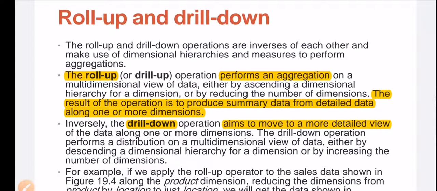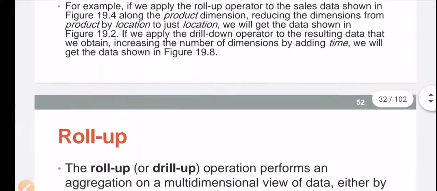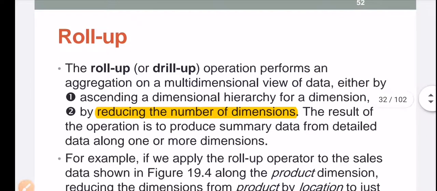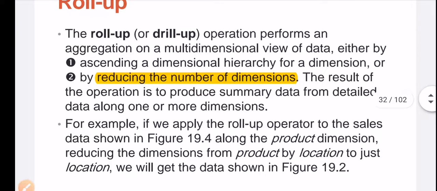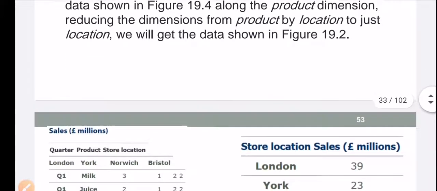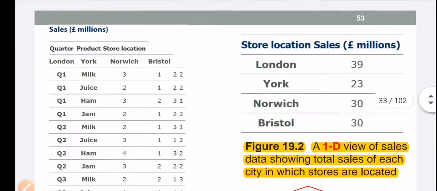So this is the difference. For roll up, we reduce the details. Drill down, we go for more details. We can see this. For rolling up, also, we reduce the number of dimensions, as we will see in these examples.